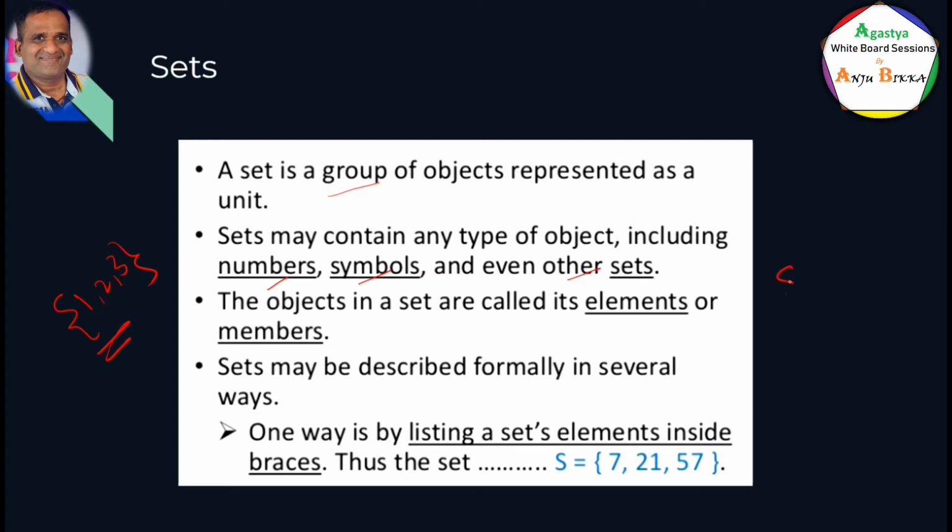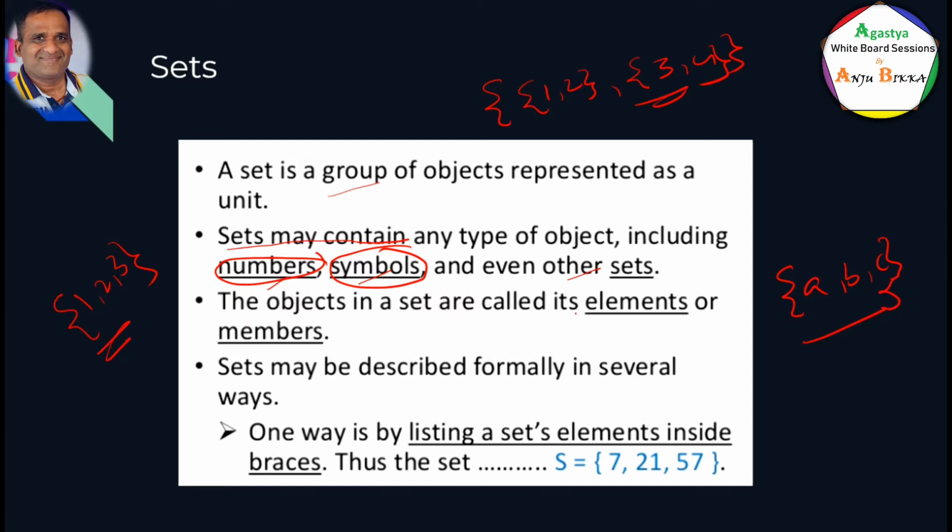A set of symbols like {A, B, C}. Again, a set can consist of other sets as its elements. So sets may contain any type of objects, including numbers, symbols, or even other sets.